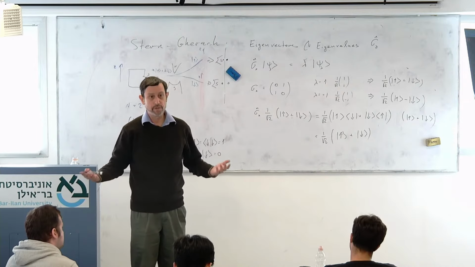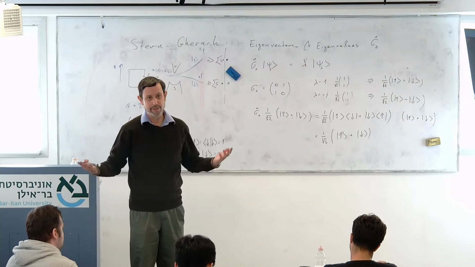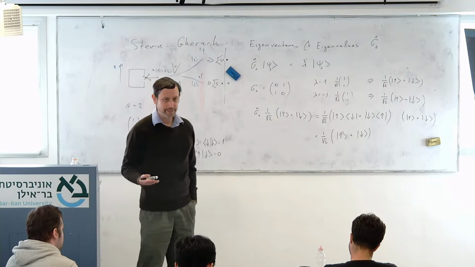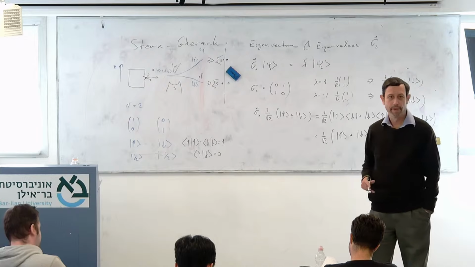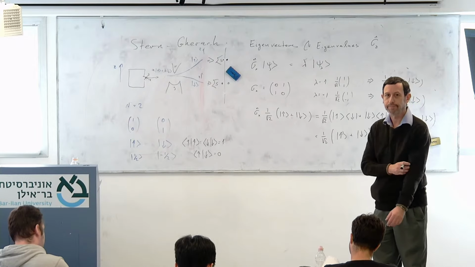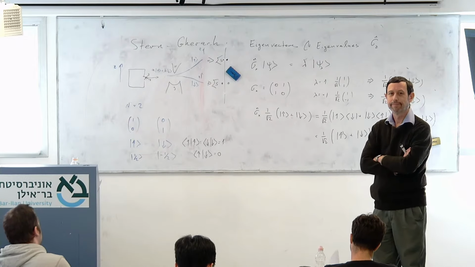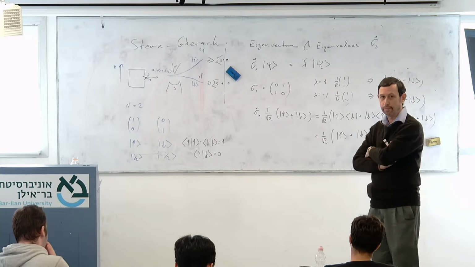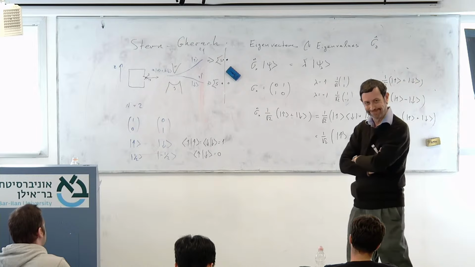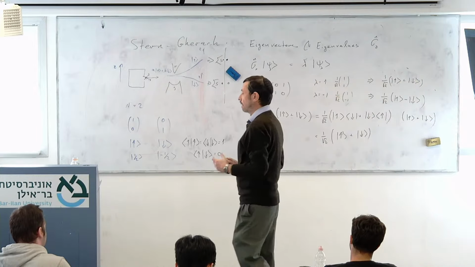In eigenvalues of x, I have equal probability of measuring either x or minus x. After this measurement, you are sure that you have half in the right and half in the left, right? Right. After this measurement, I don't care about A and B.